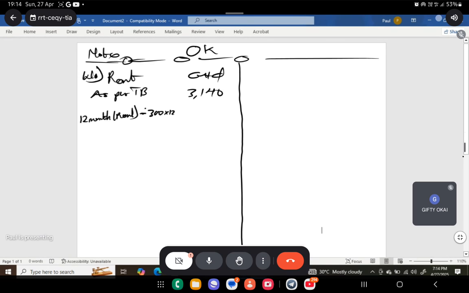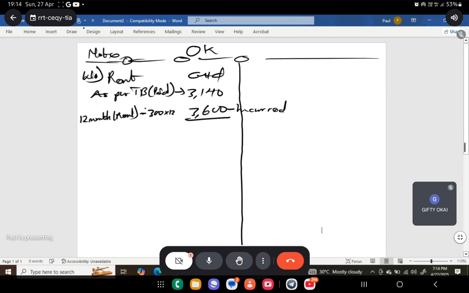Yeah. So, like I said, the rent for 12 months becomes 300 times 12, which is 3,600. This 3,600 is the rent incurred. But the one in the trial balance is what was paid.